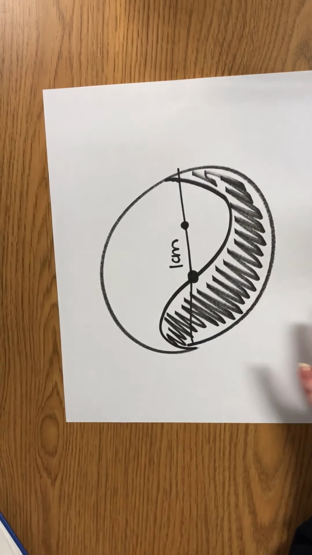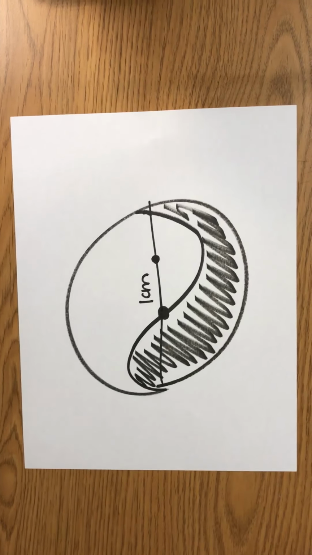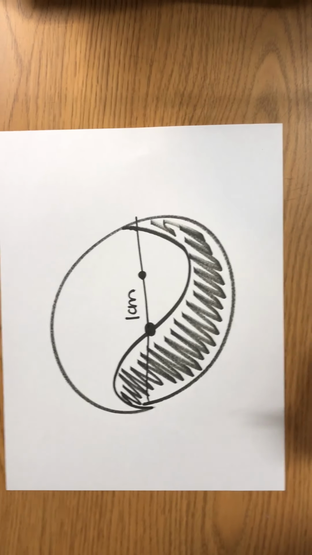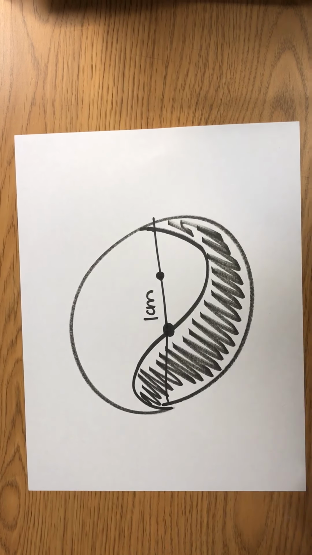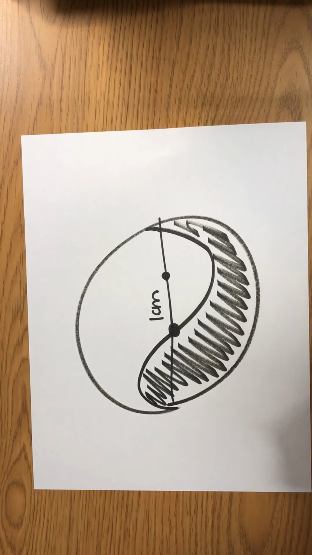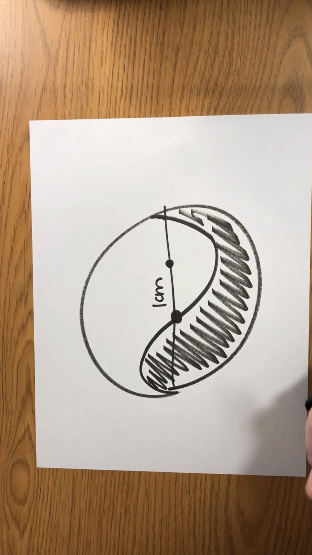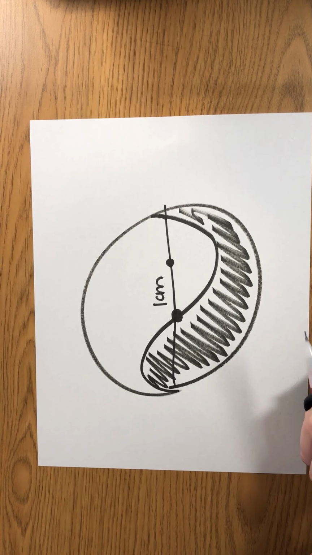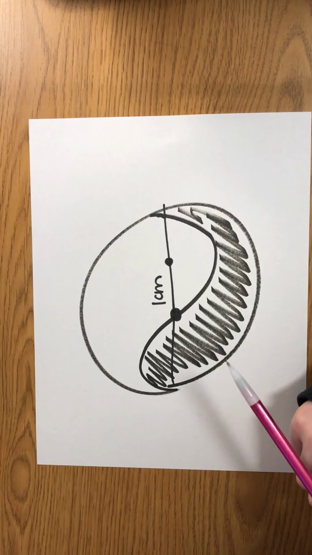So now we are going to move on to part C and do the same thing. For this one, to find the area of the shaded regions, we're first going to relate the area of the shaded region to the area of the circle. And so we want to notice that the area of the shaded region is equal to the area of the unshaded region.